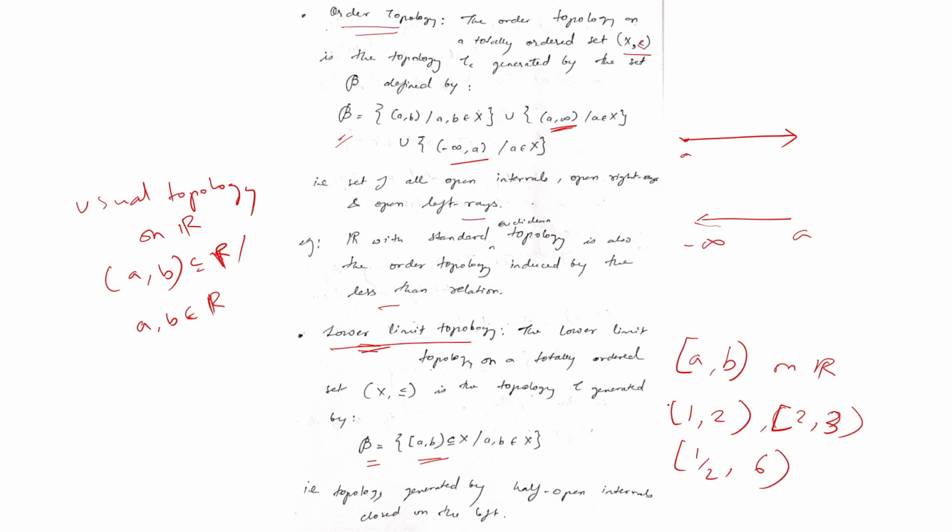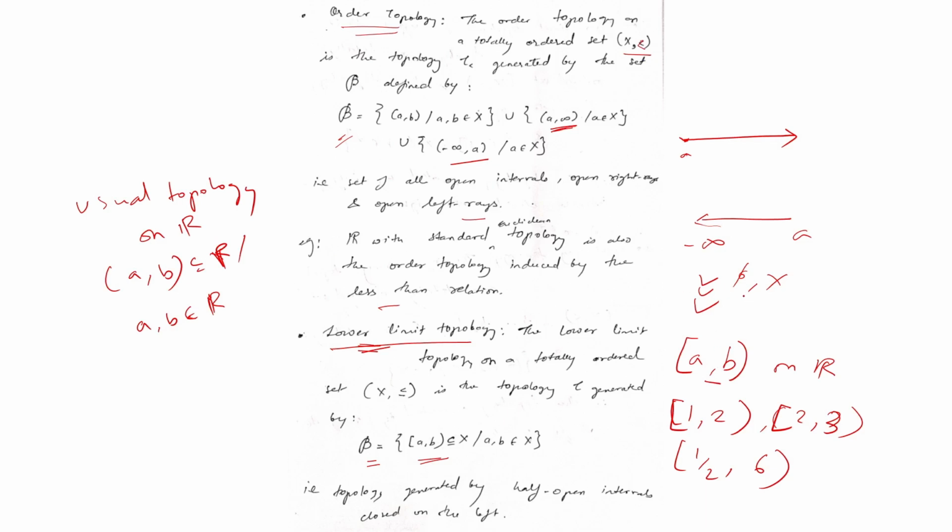So in this way, we try to satisfy all the three properties that we discussed in the last class for a set to be a topology. First, it should contain the empty set and X, right? This will definitely satisfy that property.